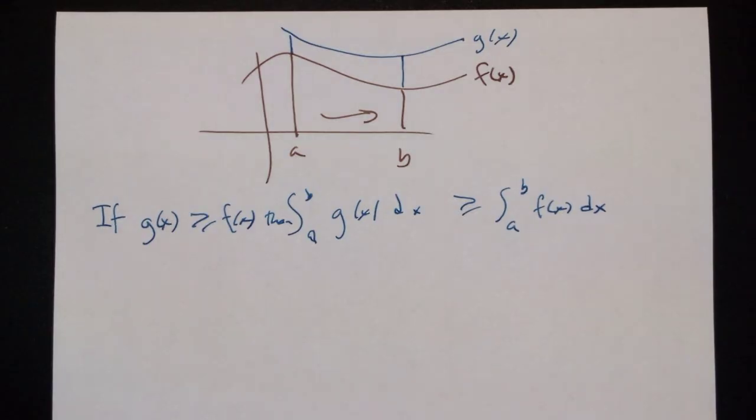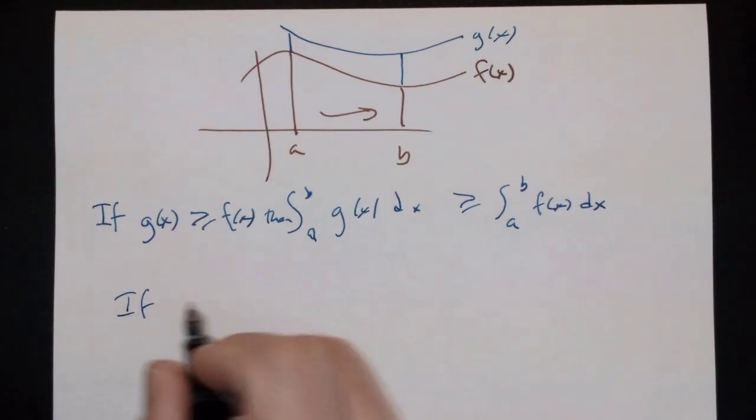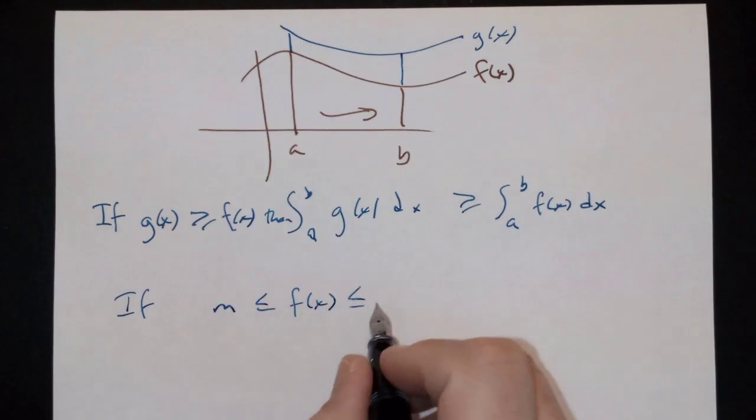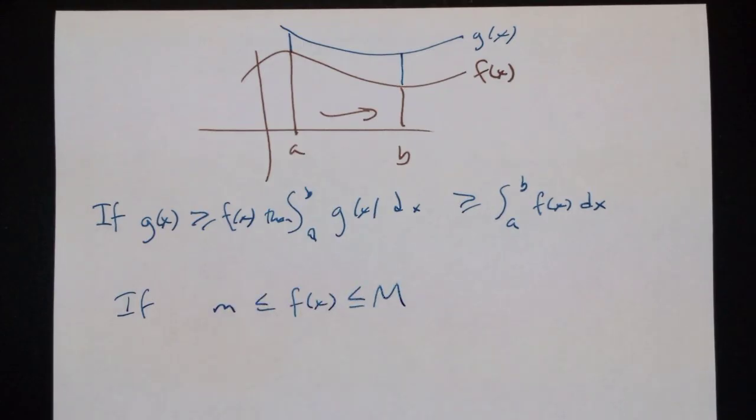I could even do that with horizontal lines. Let's say my function f has a minimum value, little m, and a maximum value, capital M, then I know that f is always between those two.